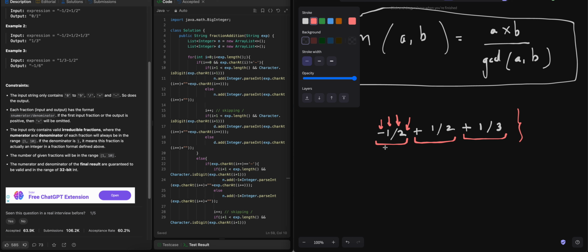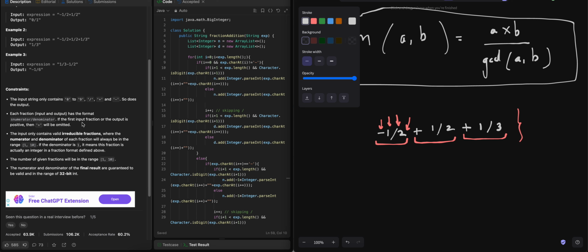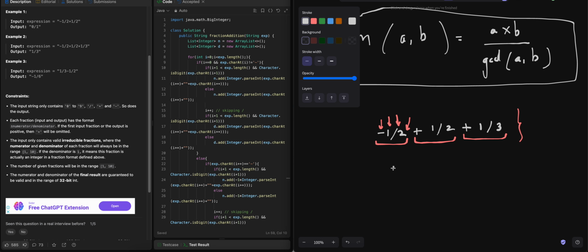Now what could be the possible exceptions? As again mentioned in the problem statement, if the first fraction is positive, in that case we won't have the plus symbol here, okay? So let's say as in the third example, the input given was 1 by 3, minus 1 by 2.